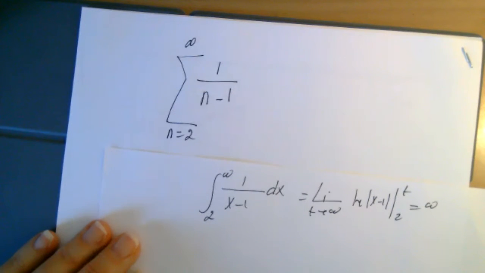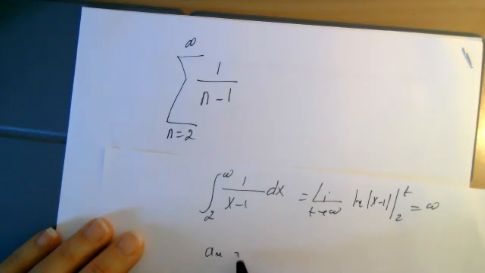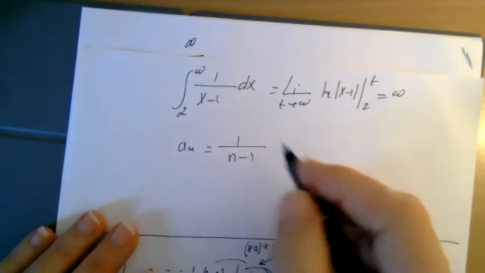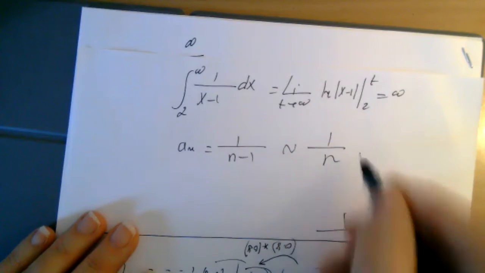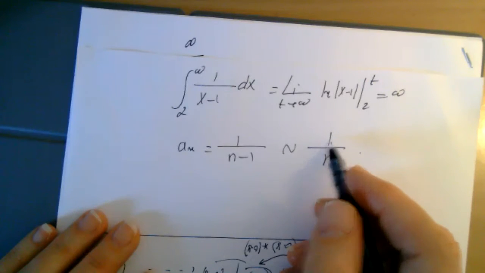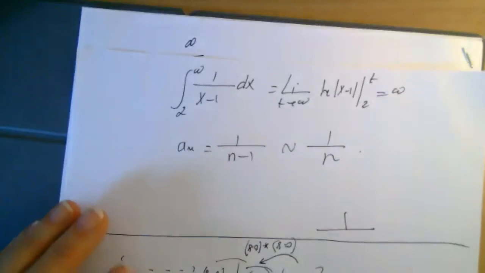That's one approach. The second approach is, as your other classmate said, 1 over n minus 1. We're going to use the limit. As n is large, it's like 1 over n. Sigma 1 over n diverges, so sigma 1 over n minus 1 diverges. So these are two approaches to this problem.